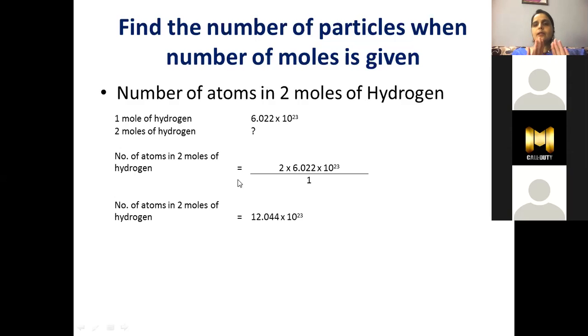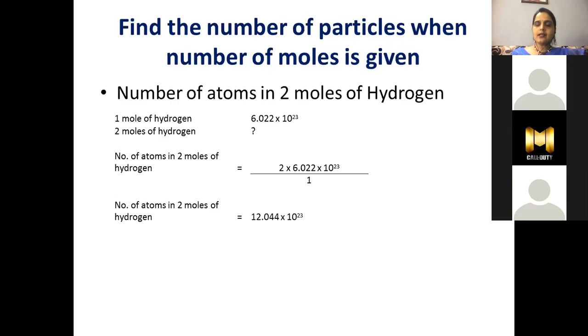Okay, so simply the way we write for the unitary method, exactly in the same way we have to write here. So how many moles do I have? 1 mole corresponds to 6.022 into 10 raised to 23. So 2 moles of hydrogen will correspond to how many atoms?